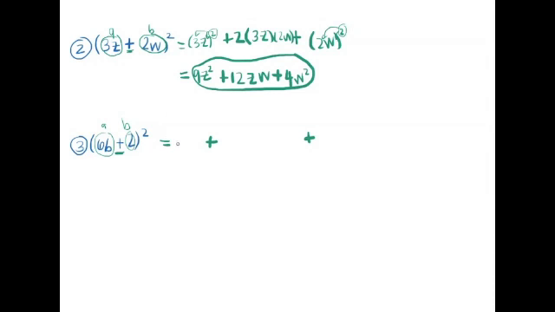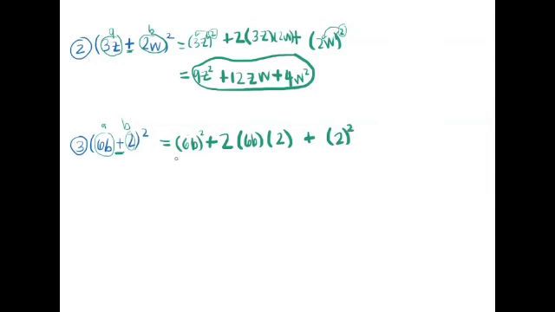What goes in this first slot is a squared, which is 6b squared, plus the 2 that's always there. A is 6b, our b is 2. Thinking of this generically here, this last slot in the parentheses is our b, so our b is 2.